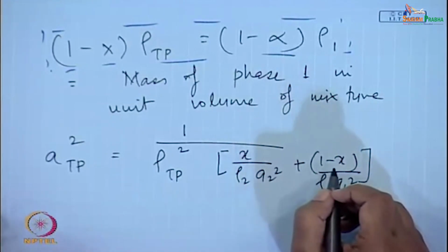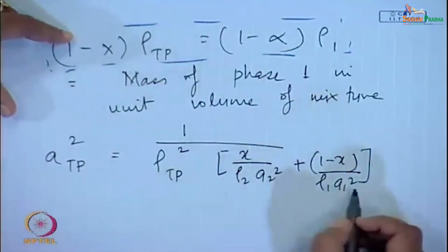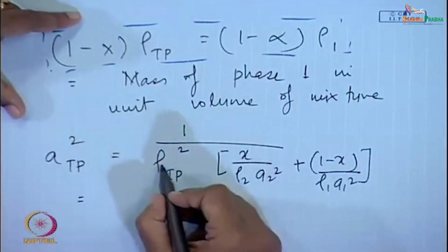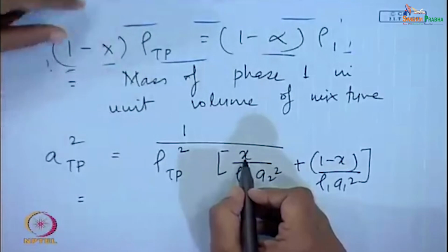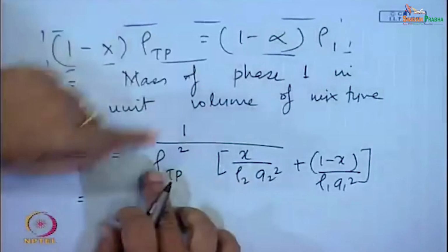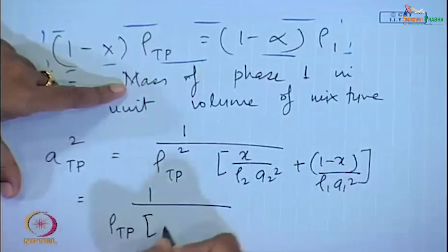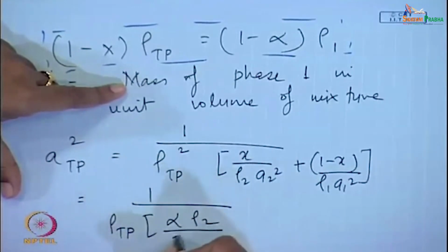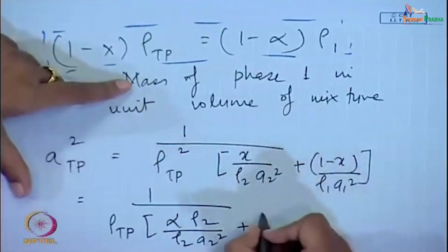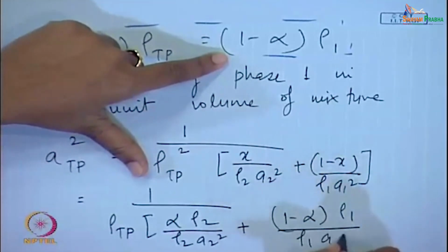Probably there should have been a minus sign, oh no, minus has cancelled out. So, this is the expression. Now, if I take 1 rho Tp inside, then what do I get? Rho Tp into x, and that is nothing but equal to alpha into rho 2, fine. So, I take 1 rho Tp inside and then I get 1 by rho Tp alpha rho 2 A2 square. Again, instead of 1 minus x rho Tp, I can write 1 minus alpha rho 1 by rho 1 A1 square.